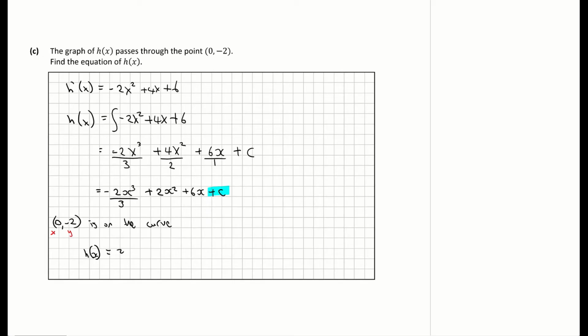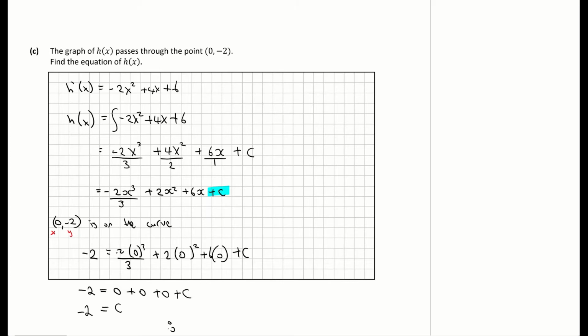And I'm subbing in 0 for x, which is minus 2 times 0 cubed over 3, and my h of x is now my y value, which is minus 2, and that is going to be plus 2x squared, subbing in 0 for x, plus 6 times 0, plus my constant, which is giving me minus 2 is equal to, well, 0 cubed is 0, minus 2 times 0 is 0, 0 divided by 3 is 0. 2 multiplied by 0 to the power of 2 is 0, 6 times 0 is 0, plus my constant. So that means that my c, my constant, is minus 2.